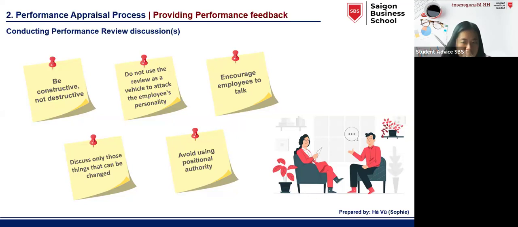Next, encourage employee participation. The discussion should be mutual, a two-way conversation. The more employees contribute, the more satisfied they will be with the process. Next, focus on what can be changed.